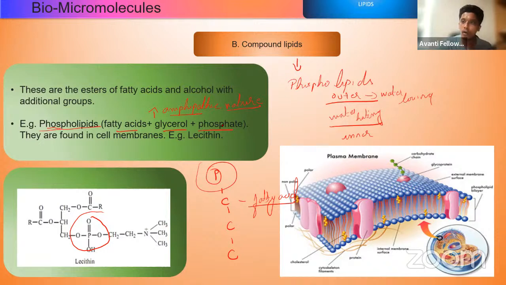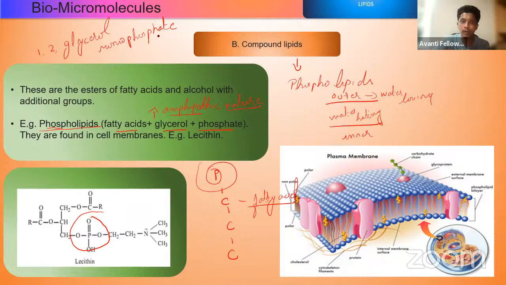So when we talk about this glycerol, usually what do we call it? For example, you can just write it like this, 1,2 glycerol monophosphate. It chemically becomes 1,2 glycerol monophosphate or 1,3 glycerol monophosphate, something like this.